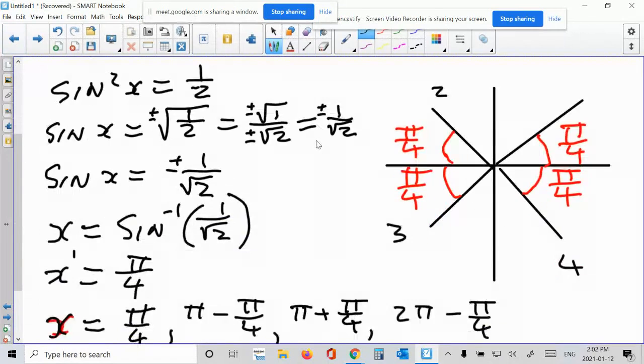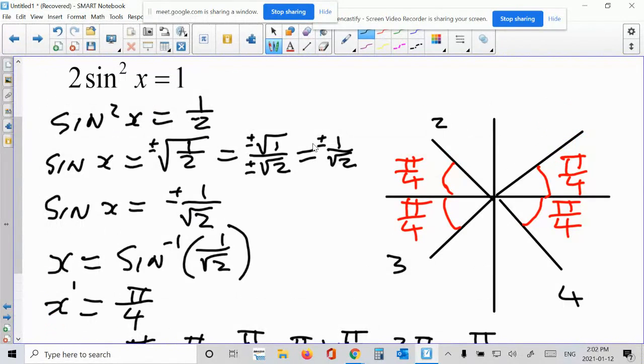We did not. We said that we're going to take the positive and negative when we took the sine to the minus 1. My approach to this, Hussein, is to always only look at the positive answer, but then figure out what quadrant it goes in by looking at the actual sign.